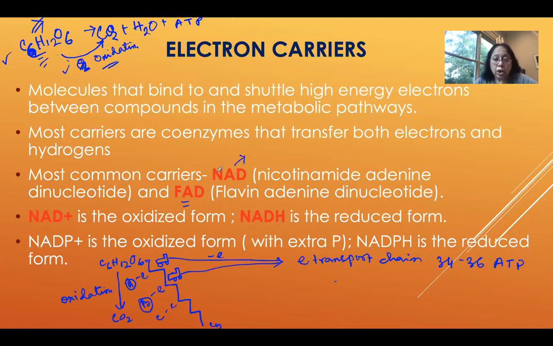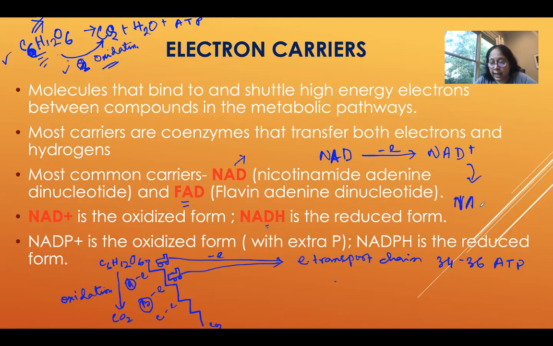So what happens during that time? NAD and FAD carry the electrons, right? They are the electron carriers. NAD accepts electrons and converts into NADH. When NAD donates electrons, it converts into NAD plus.